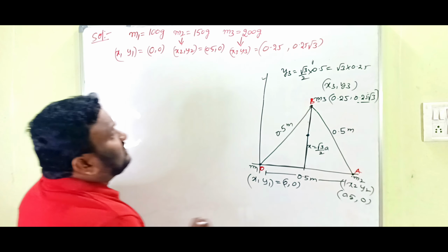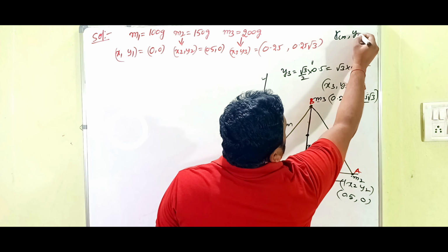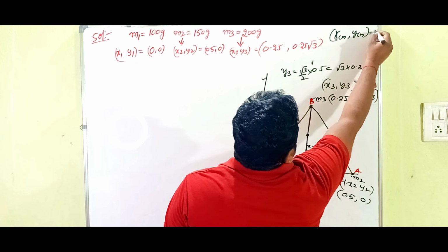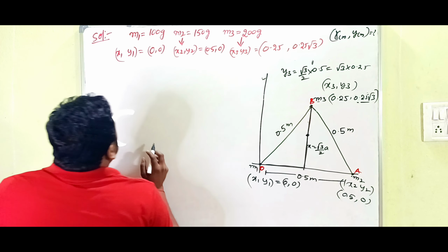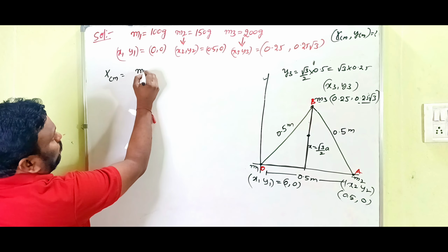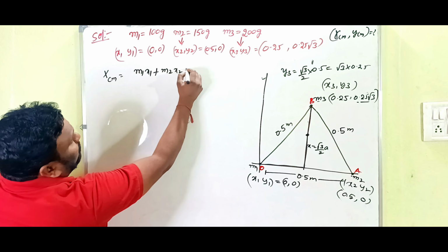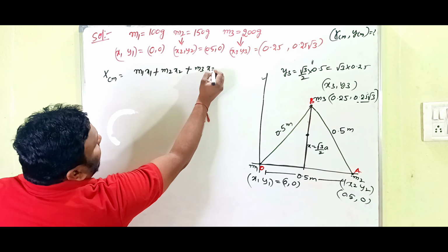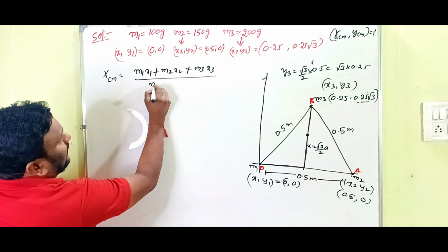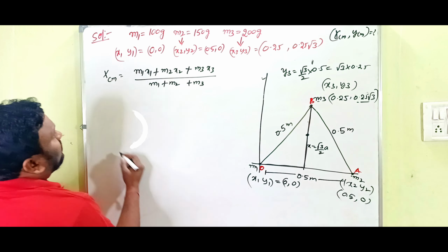What you have to find out, children? The center of mass. It is in the xy plane. That's why the center of mass is xcm, ycm. So just now we discussed xcm is m1 x1 plus m2 x2 plus m3 x3 by m1 plus m2 plus m3.